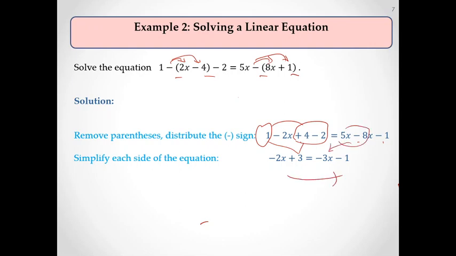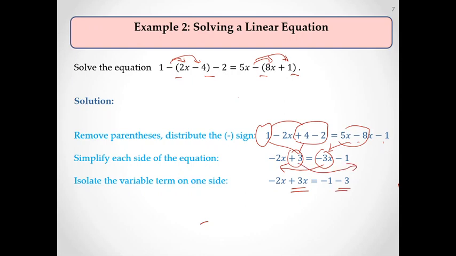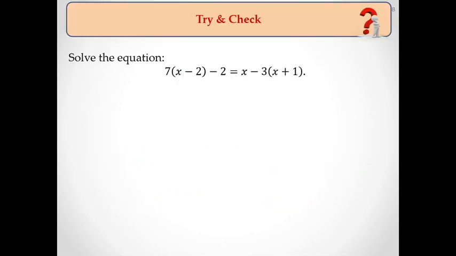Then 3x goes here as plus 3x. You will see now interchanging the elements in the equation. Like this one goes here as plus, and this goes here as minus, as you see. And then you have all x on one side, and then you have x equal to minus 4.